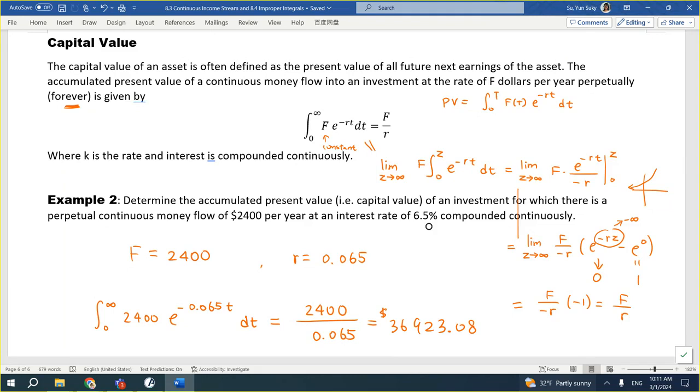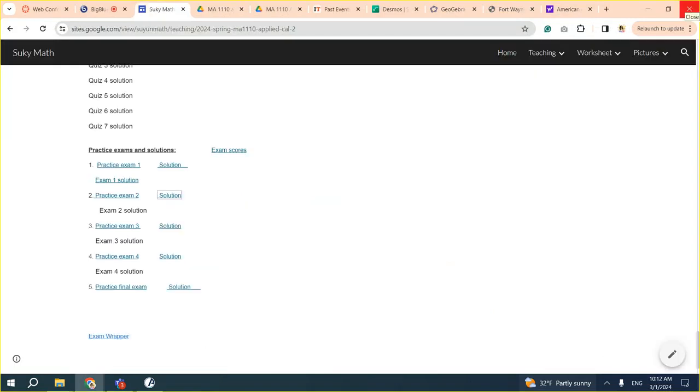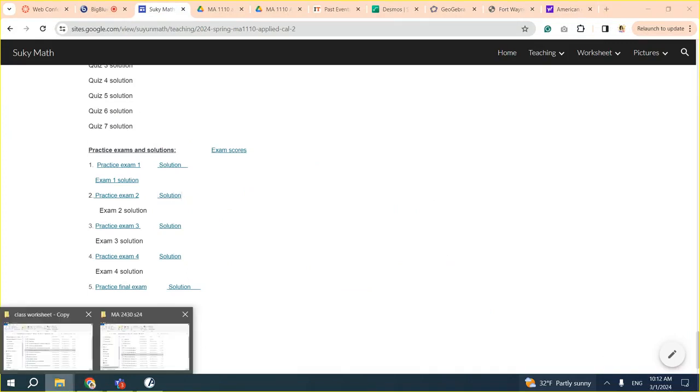That's chapter 8. And it also covers chapter 9, sections 9.1 and 9.2. Now the practice exam 2 is already up. I think I have all the practice exams up.